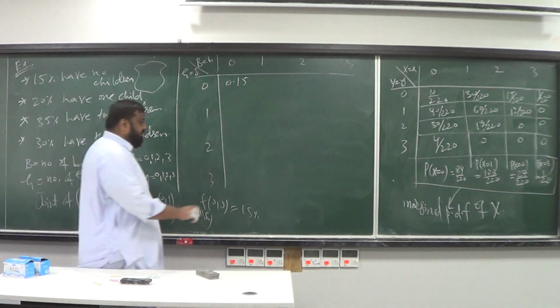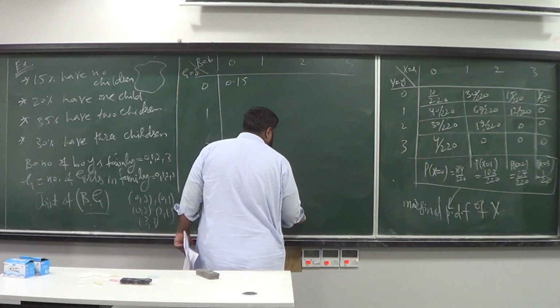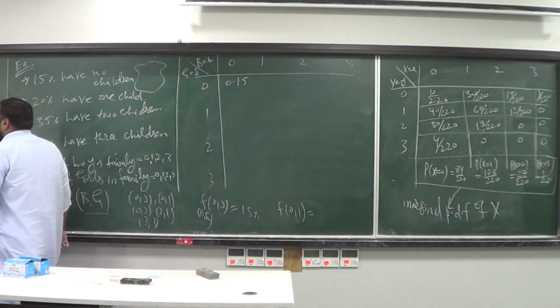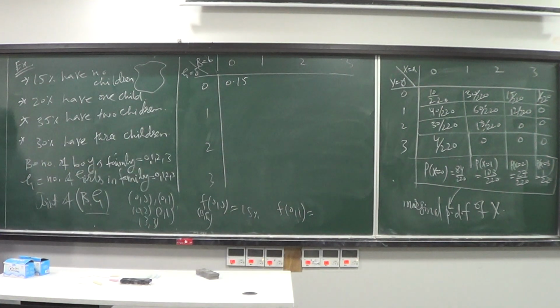Now, what would be the meaning of, for example, f(0, 1)? f(0, 1) means what is the probability that in a chosen family there is no boy and there is one girl.